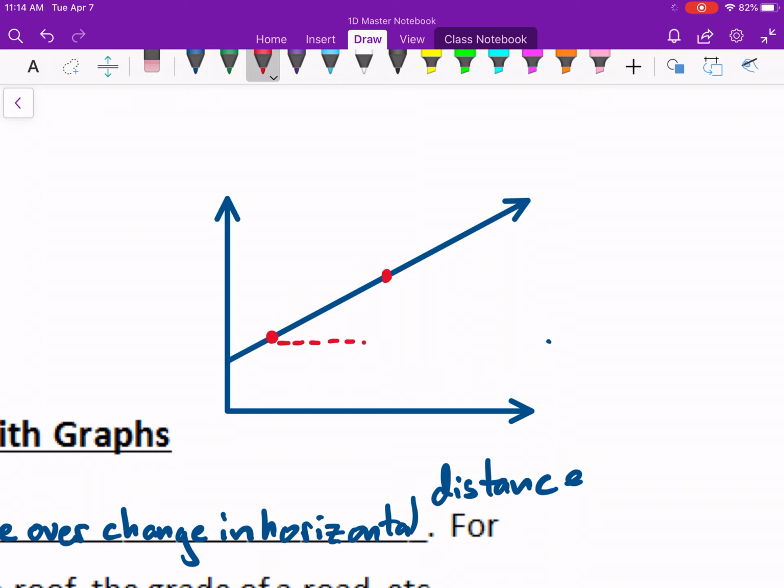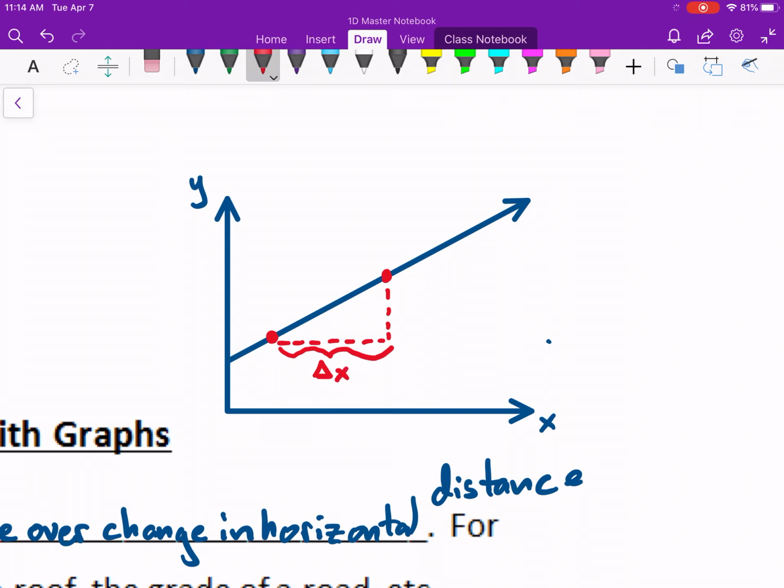I'm just drawing these dotted lines to break down the vertical and horizontal distance. So this here is the change in the horizontal distance, right? Remember, on the horizontal axis, that's x. On the vertical axis, that's y. So really, that change in horizontal distance is just delta x.